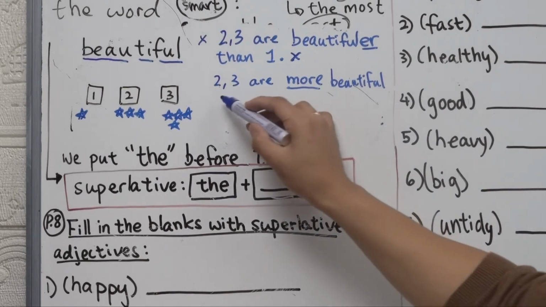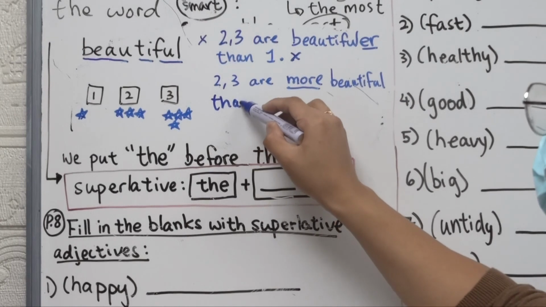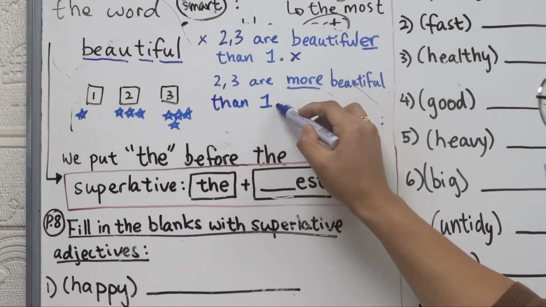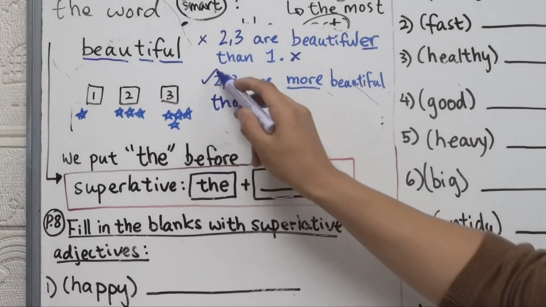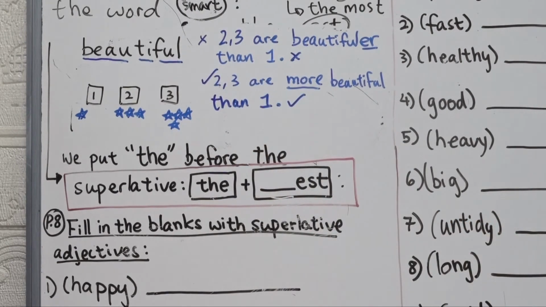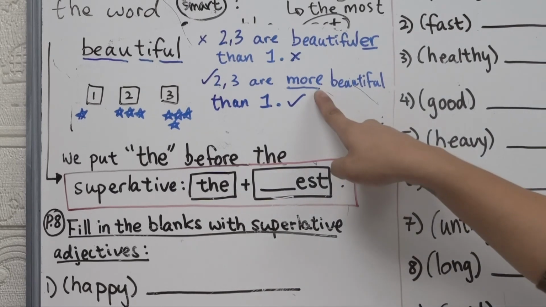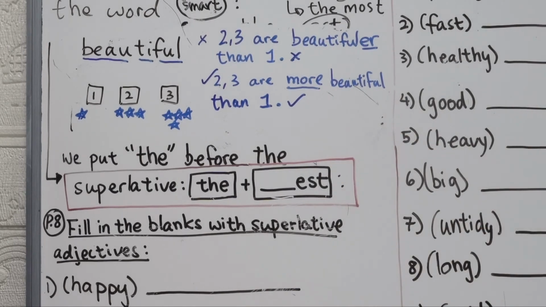Are more beautiful than 1. Full stop. So this is the correct sentence. 2 and 3 are beautifuler than 1 is wrong. We can't add ER to a word with 3 syllables. The correct one is 2 and 3 are more beautiful than 1. So we will put the word more in front instead.